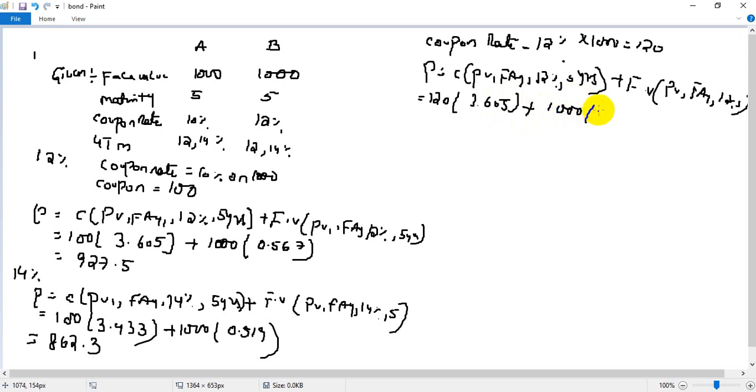Similar it is, only here the coupon rate is changing from 10 to 12%.